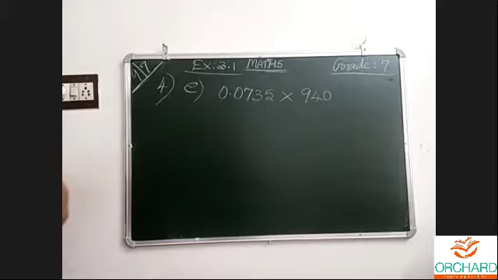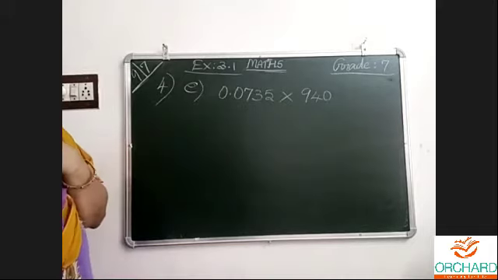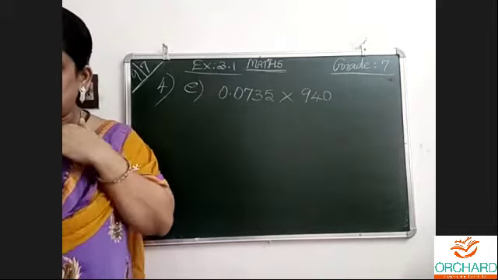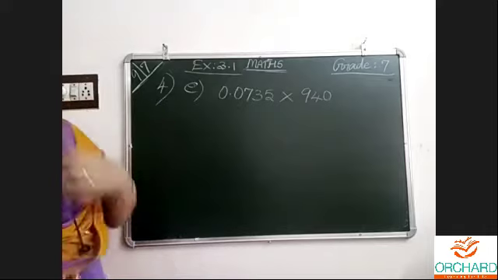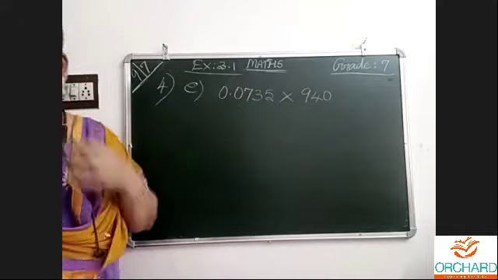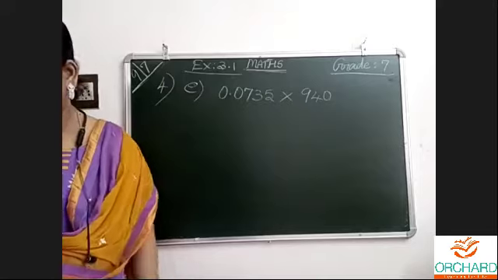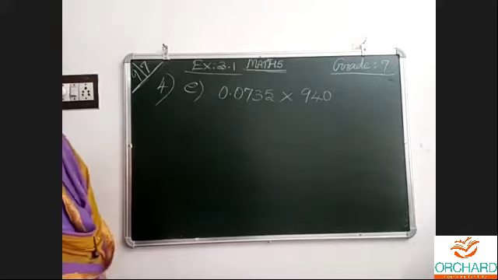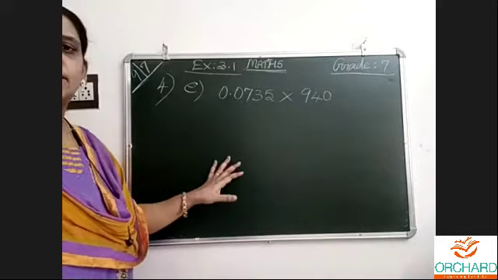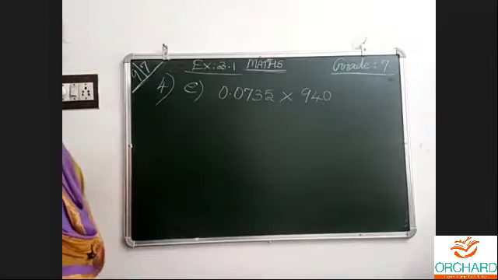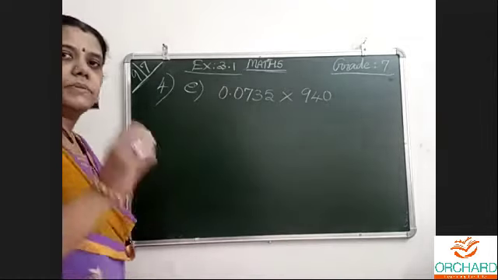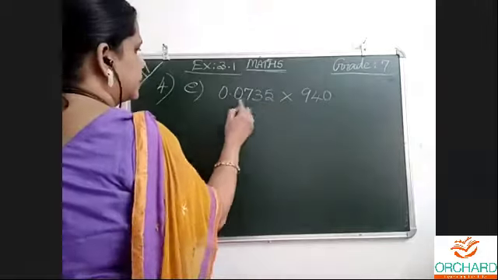Simple. Okay, so 0.0735 multiplied by 940. Now we have to write it first, then we need to do the multiplication. Yes, 69.09. Correct, Bhavadharini? You are correct.